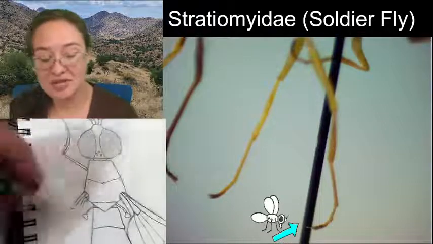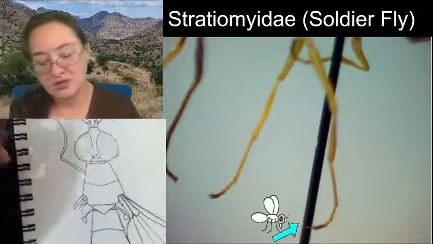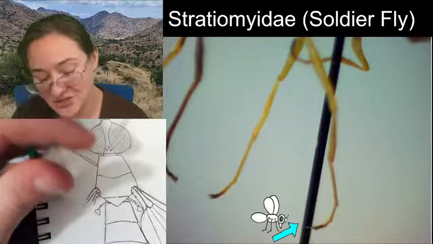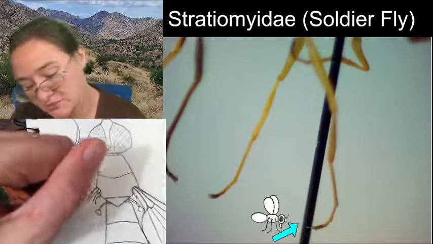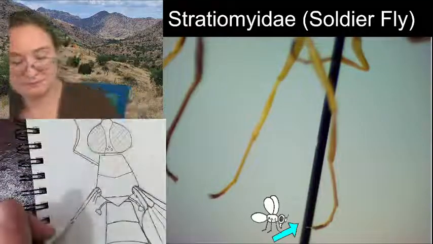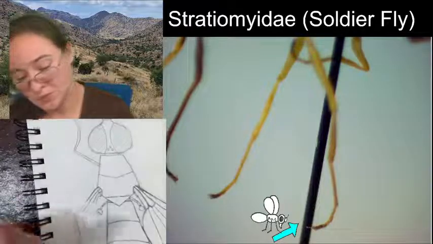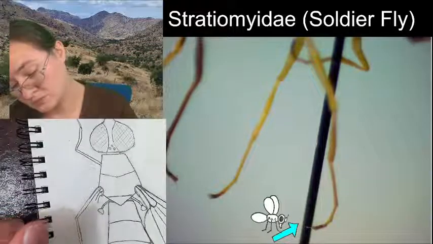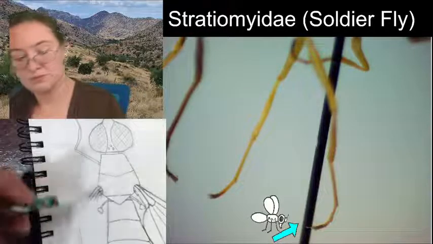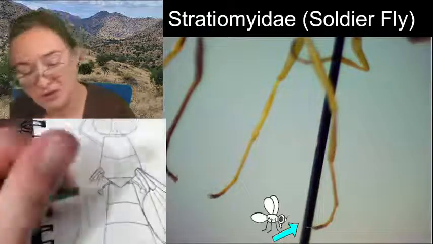Let's see, our second leg is going to be coming out right about where our wing is, which is why we didn't do the wing on this side, so that we could do the legs. And then our hind leg, one more time. It's also coming out from our thoracic region.